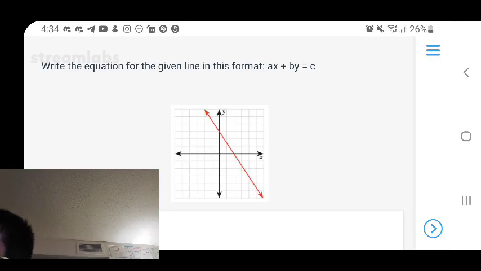Since you know A is 3 halves, you can use 2A, 2 times 3 halves, is C, so you know C is 3.